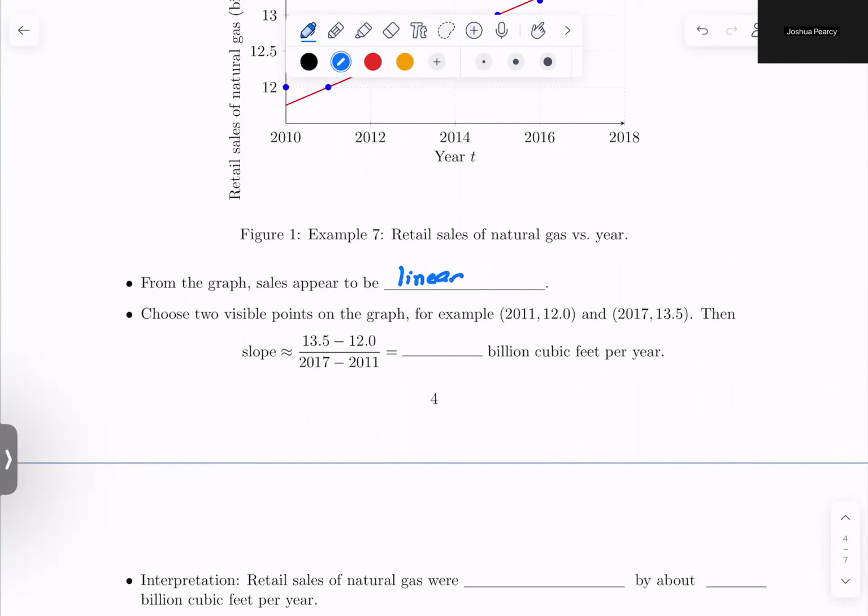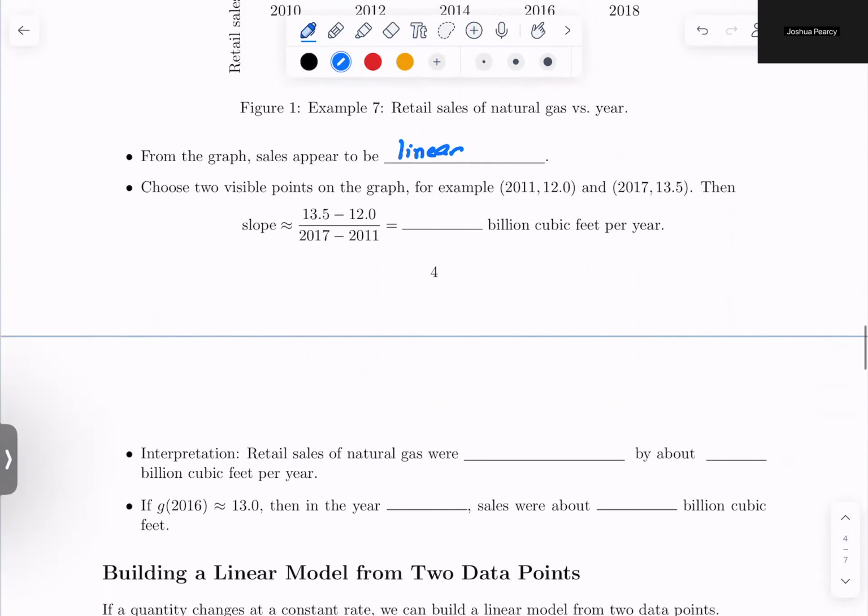And what we can actually find is get a rough estimate of the slope by picking out 2 points that are on this. So here, we'll take, for instance, the 2 points 2011, 12, and 2017, 13.5. Then we can estimate the slope to be the difference in the y values, the 13.5 minus the 12, divided by the difference in the x values, the 2017 minus the 2011.